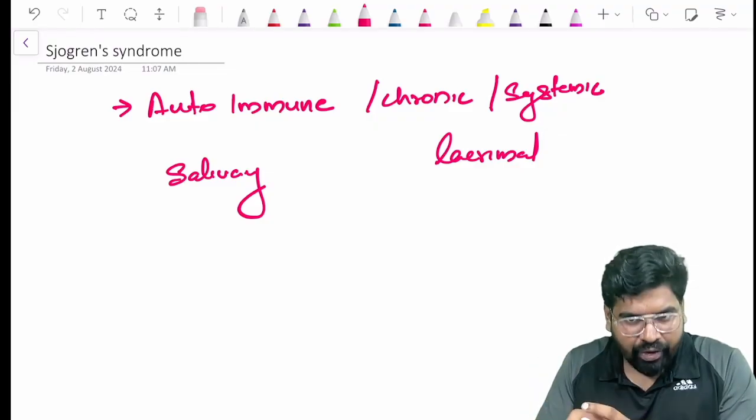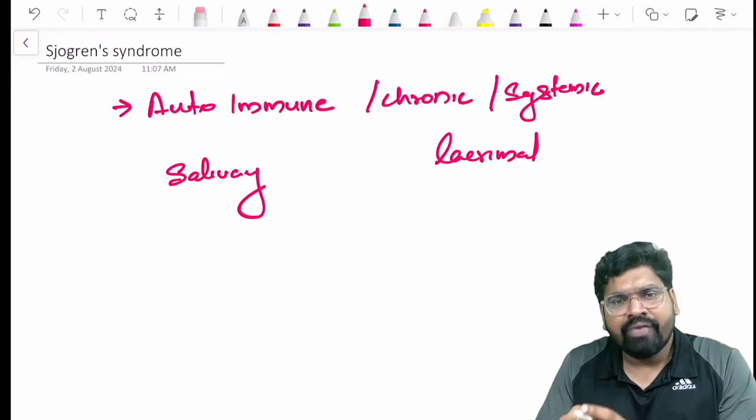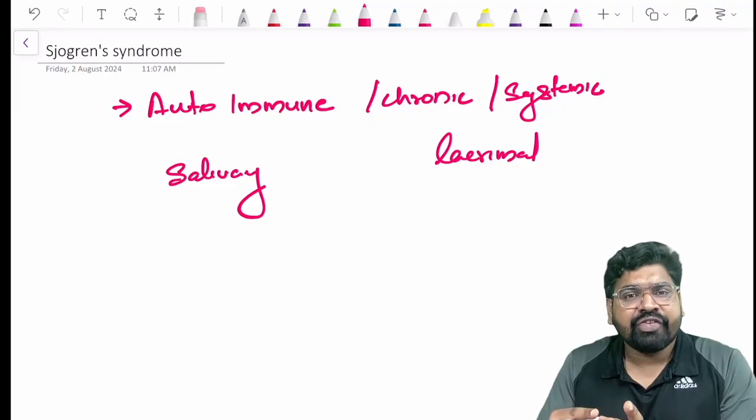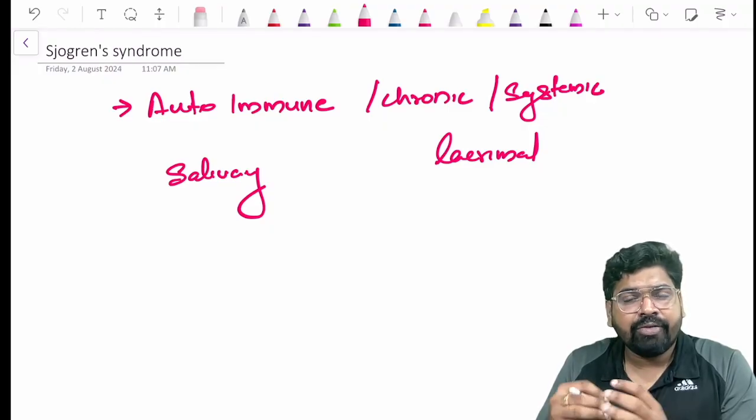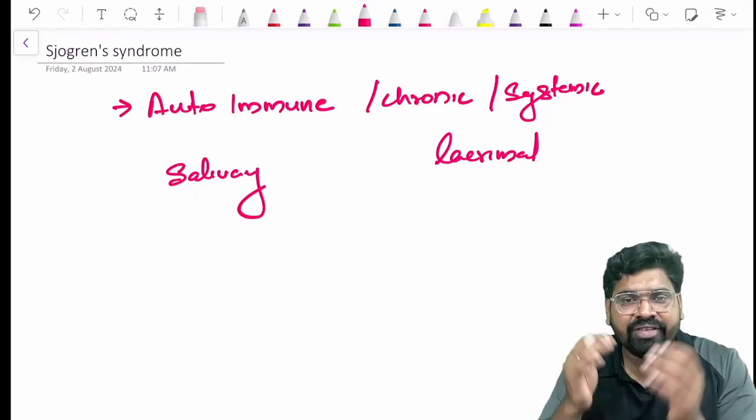They are going to destroy your acini, and what will be the result? There is less production of saliva and less production of tears from the lacrimal gland. You will feel dryness in the oral cavity and dryness in the eyes. So this is the result.